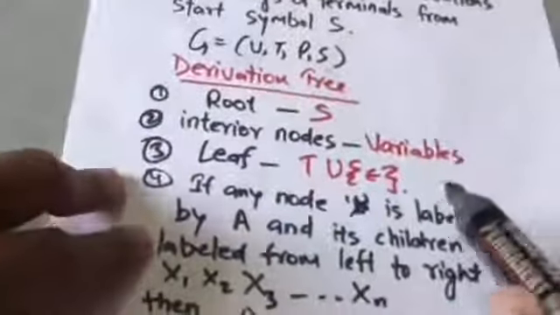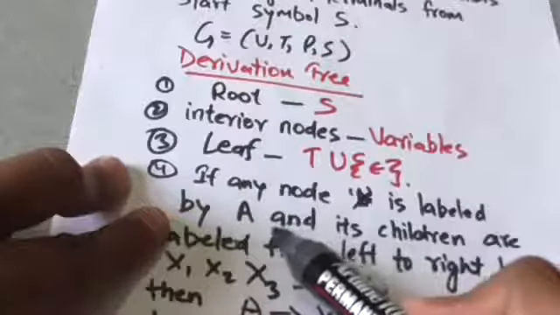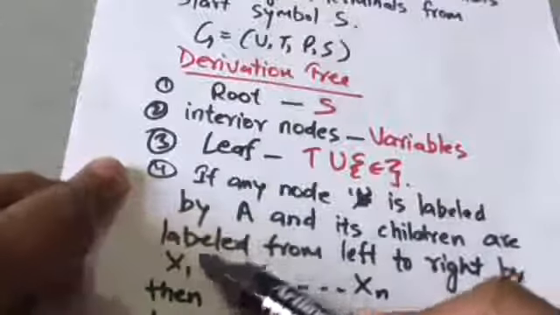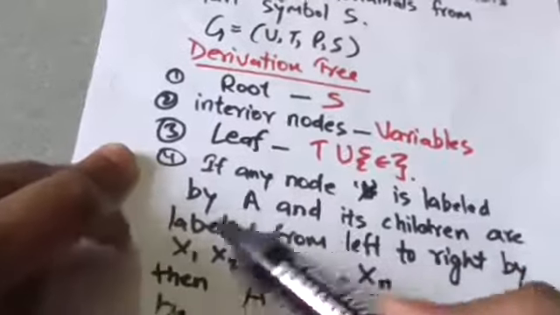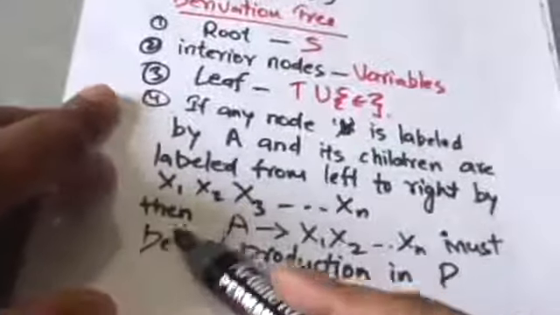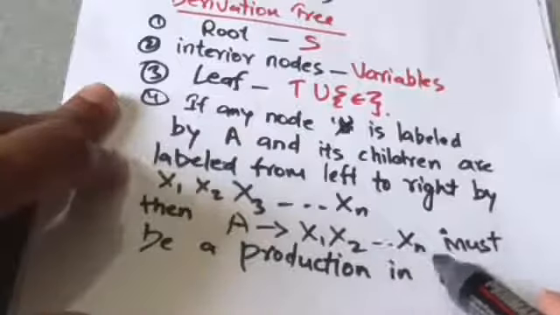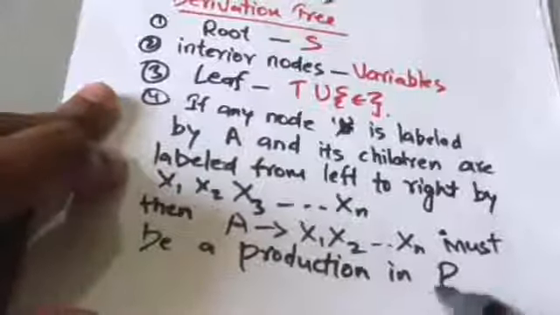So if any node in the tree is labeled by A and its children are labeled from left to right by x1, x2, x3 up to xn, then A derives x1, x2 up to xn must be a production in P.